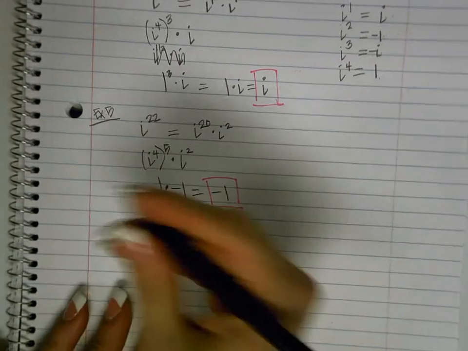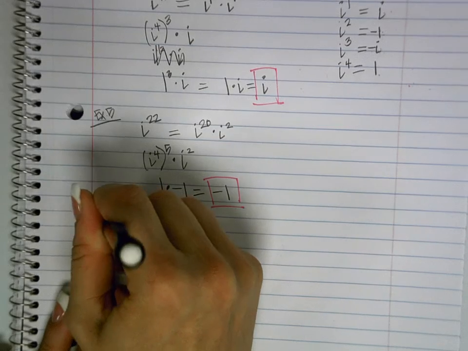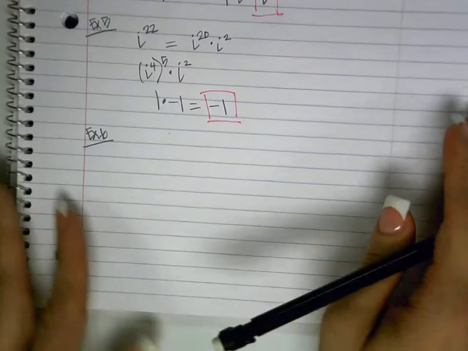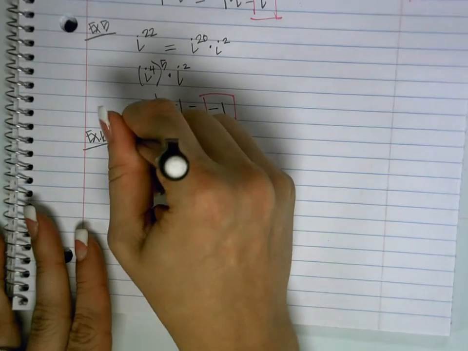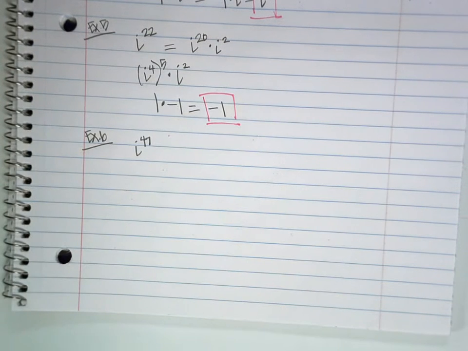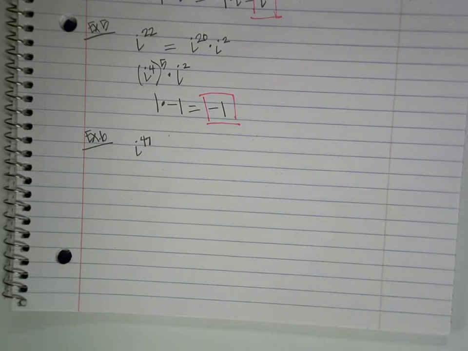Now try one more because this is where you do not want to count. It's just too big. i to the 47th power. You can count if you want to, but it will take a long time.